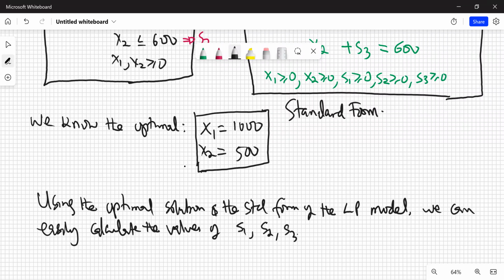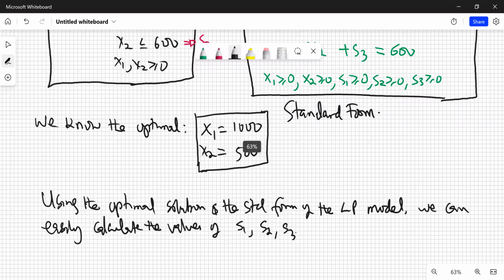Once the optimal solution is known, then it's possible to find the values of the slacks and the surpluses.